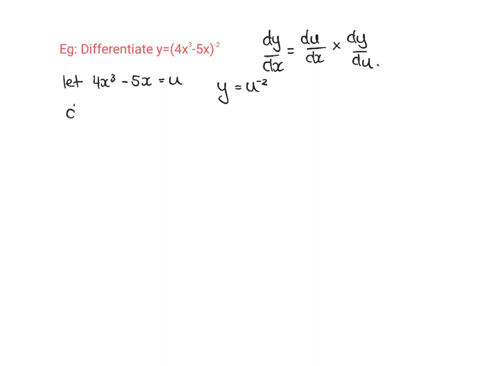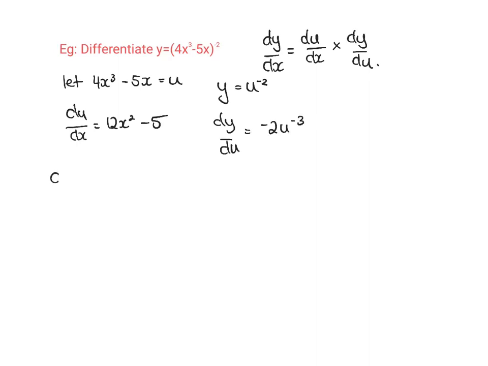If I find du/dx, that will equal 3 times 4 is 12, 12x squared minus 5. And then dy/du is going to be negative 2u to the negative 3.